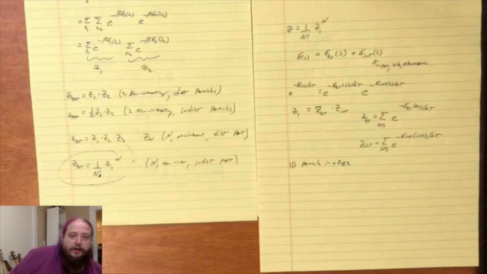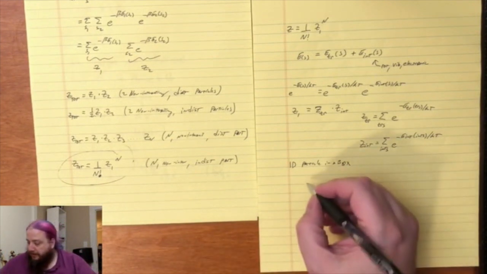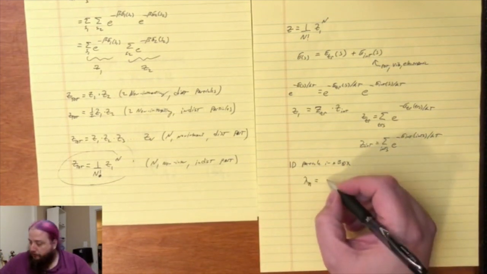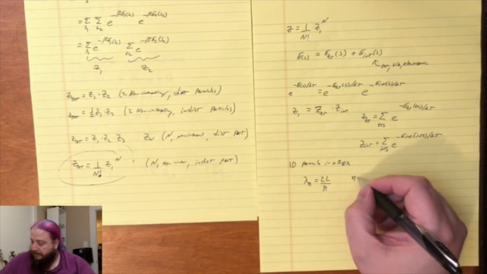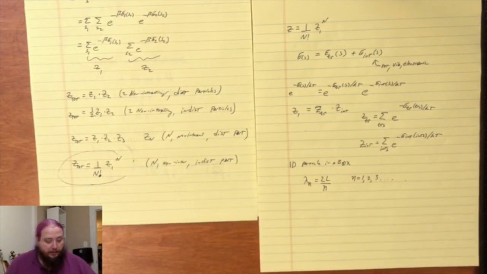And so the quantum mechanically allowed states are standing waves with wavelengths of 2L over n, where n can be 1, 2, 3, and so on.